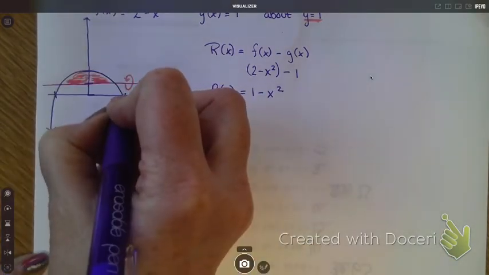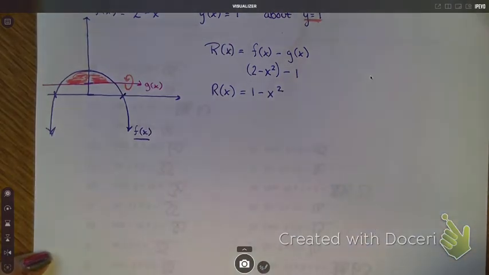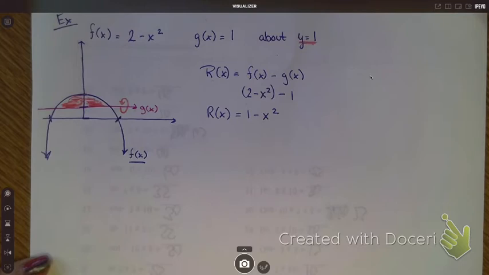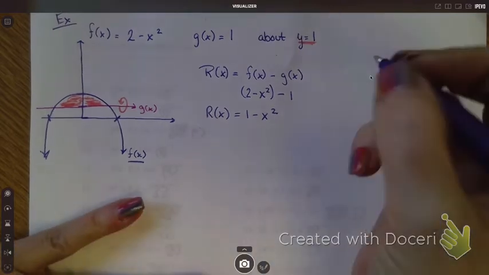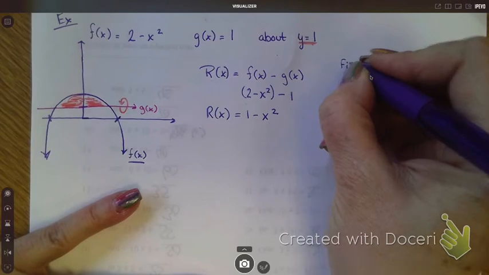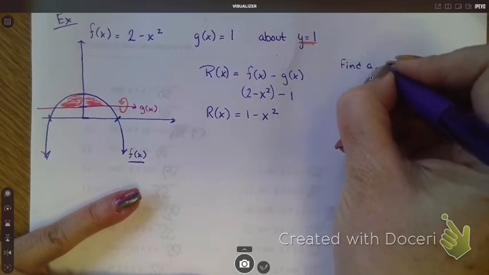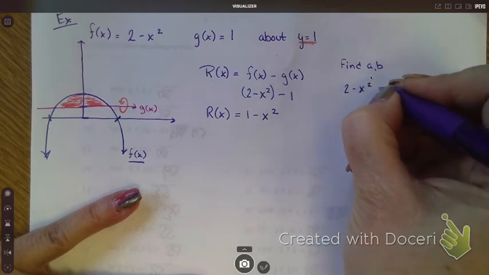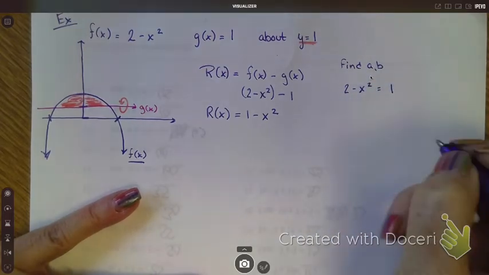So now, we have to find where they intersect, don't we? How do we find where they intersect? You have to find where they're equal, don't you? So we're going to find a and b. So 2 minus x squared equals 1. We need to know where that happens.